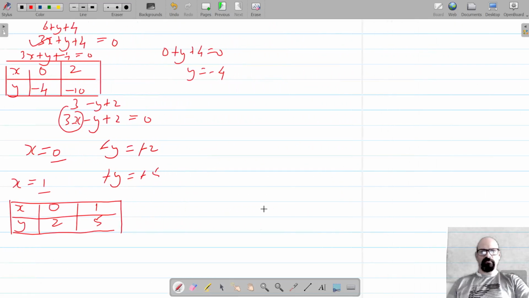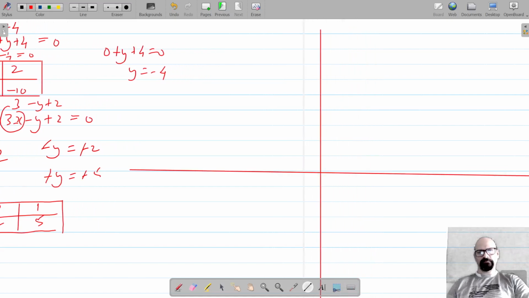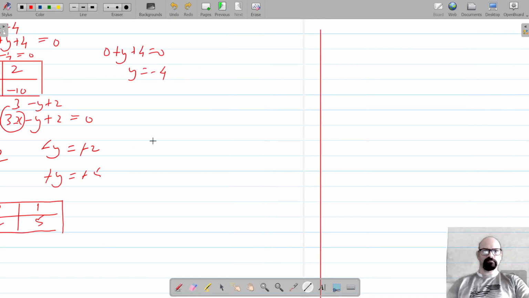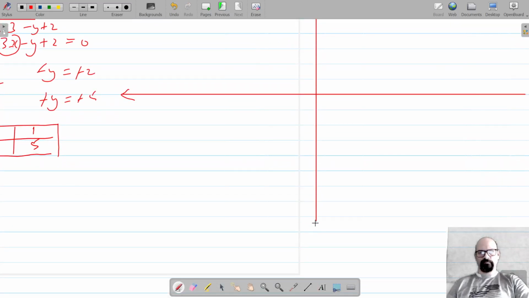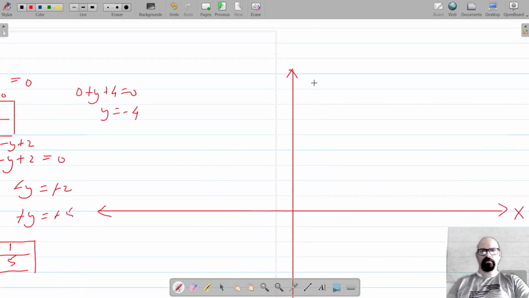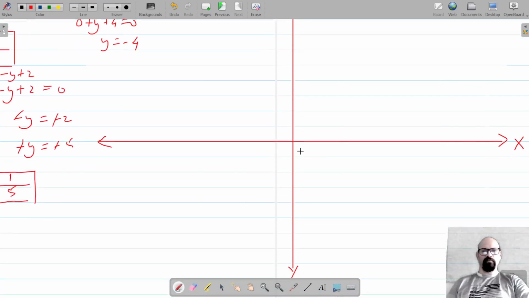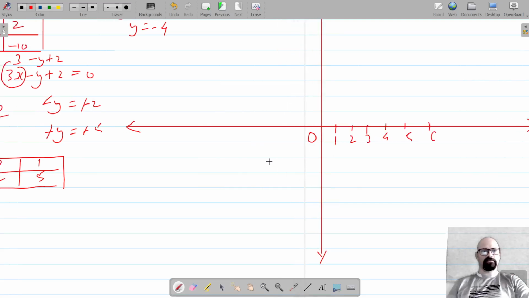Okay, now let's plot the graph for this. Let's say this is the y-axis, and this is the x-axis. The origin is here, and this is 1, 2, 3, 4, 5, and 6.